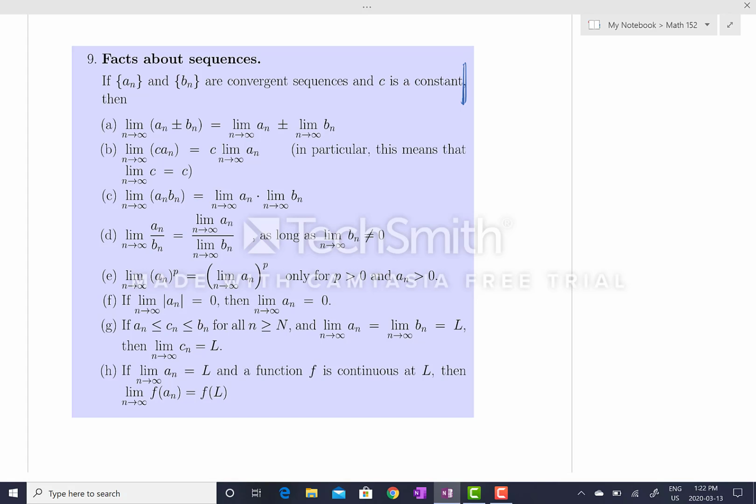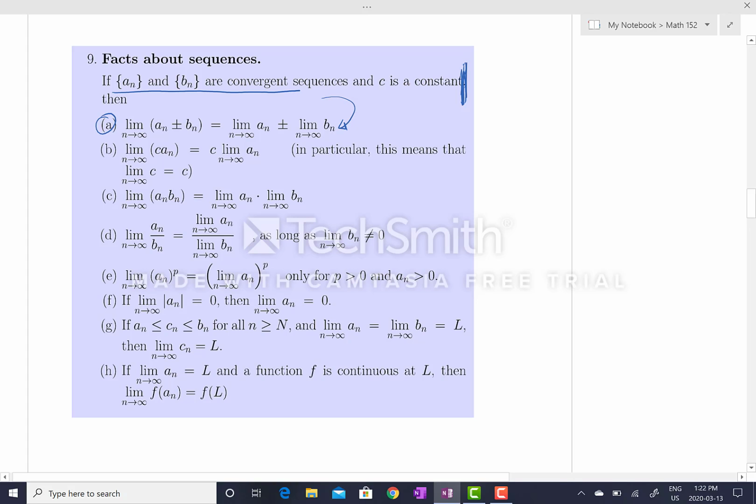So if we're taking the limit of a sum or difference of two sequences, that is equal to the sum or difference of the limit of each one individually. Make sure that you understand that this condition must be satisfied. Otherwise, this is not true. So we're going to be cautious about that. We have the if statement here. These things must be true, and then all of these will apply.